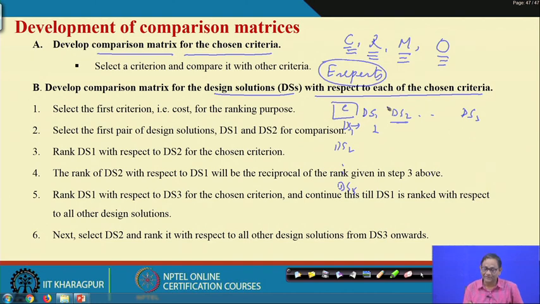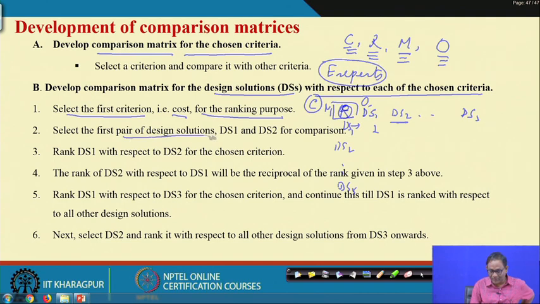After you develop the comparison matrix for cost, then you go for reliability, then maintainability, and finally operability. That means for all the criteria, the design solutions will be compared. So, when you take any one criterion, the approach is this: select the first criterion, for example cost, for the ranking purpose.